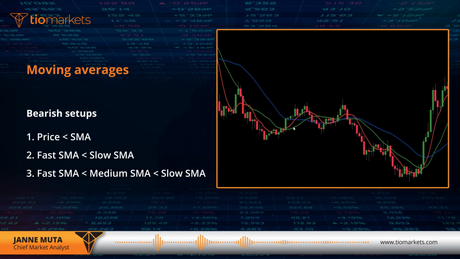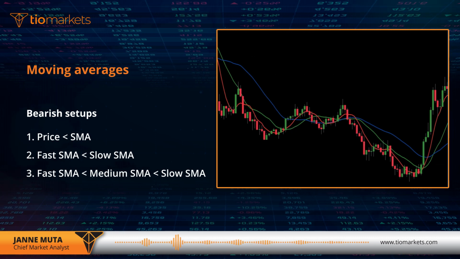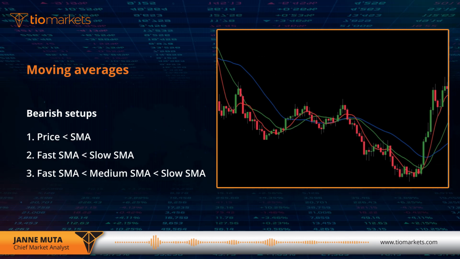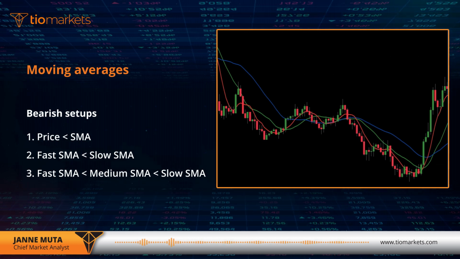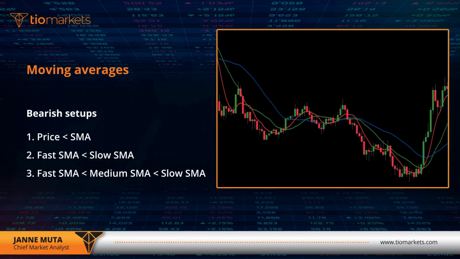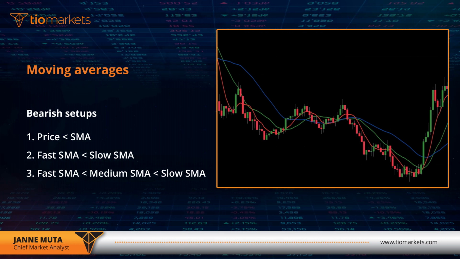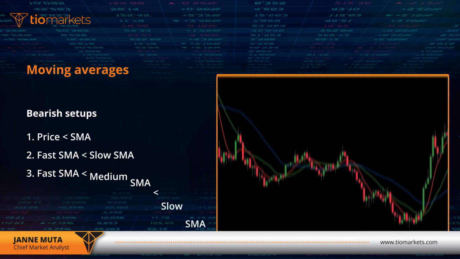So this is really your preference. I like this idea of having either one or two as a filter. In my experience, the 3 SMA system doesn't bring that much added value to these 1 and 2, but I just wanted to present them to you in case you want to consider and study those.